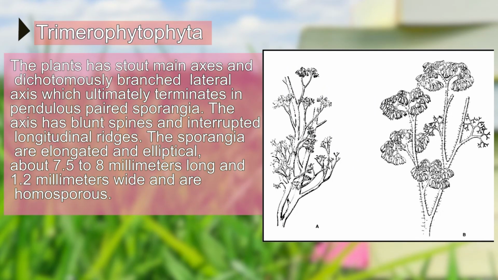The plant has a stout main axis and dichotomously branched lateral axes. The axes are provided with blunt spines and have interrupted longitudinal ridges. The sporangia are elongated and elliptical. You can see this particular picture of Trimerophyta. Another thing, all these are homosporous in nature.